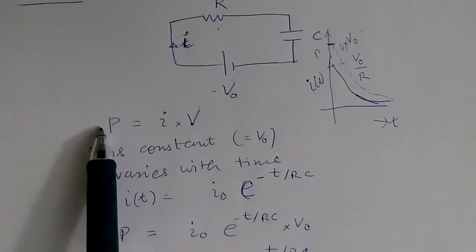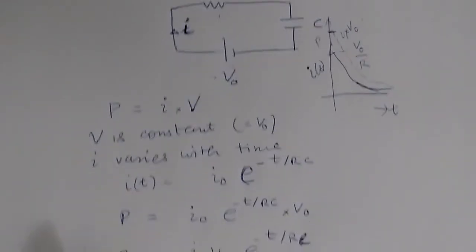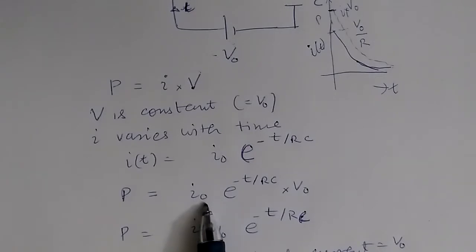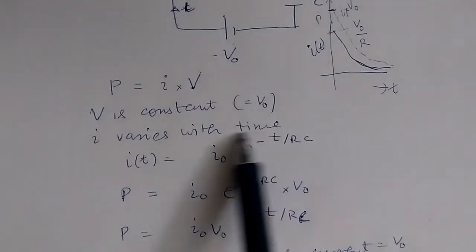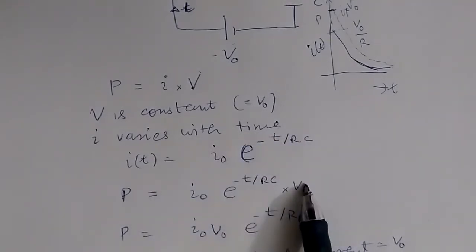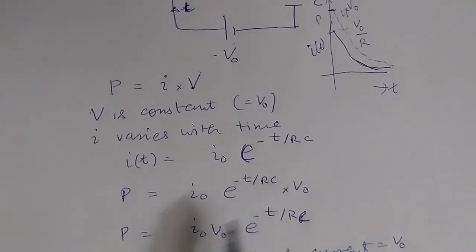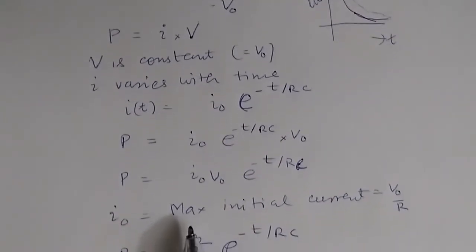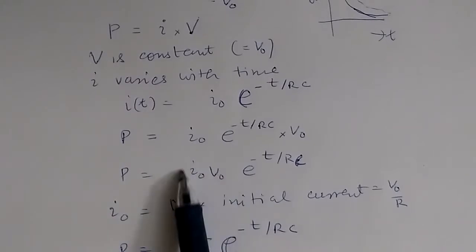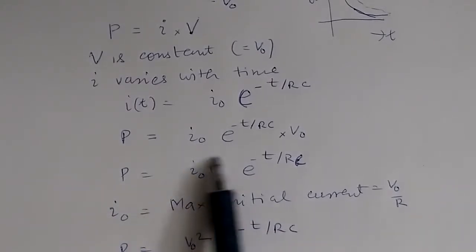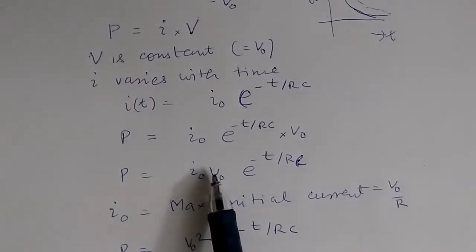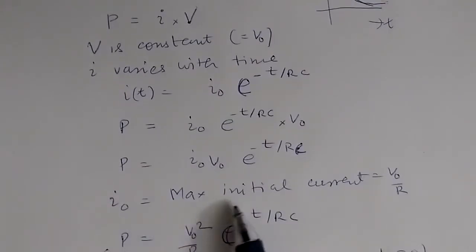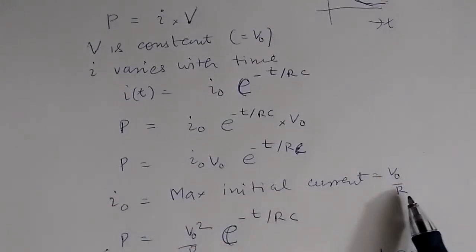Therefore, the power delivered will be given by P equal to I0 e to the power minus t by RC, multiplied by V0. V0 is constant, I0 is constant. We do not need to find those constants, but for your information, I0 is the maximum initial current, V0 by R.